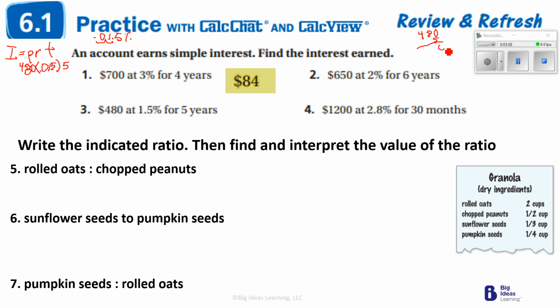0 times 5 is 0. 8 times 5 is 40. So I can put a 0 there and carry the 4. And I can take 4 times 5, that's 20, plus 4 makes 24. So far I've got 2,400.